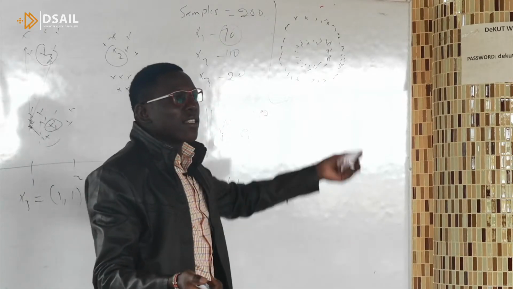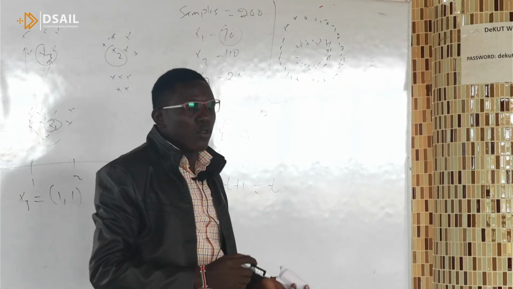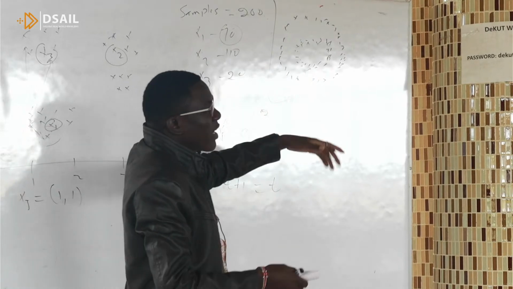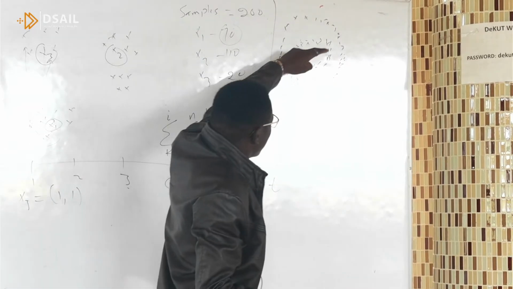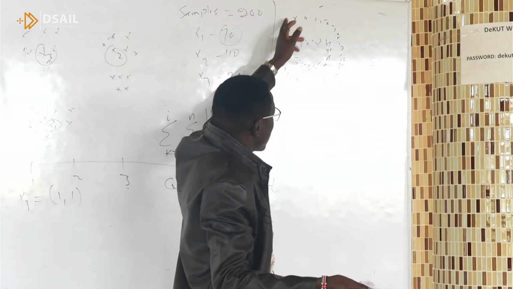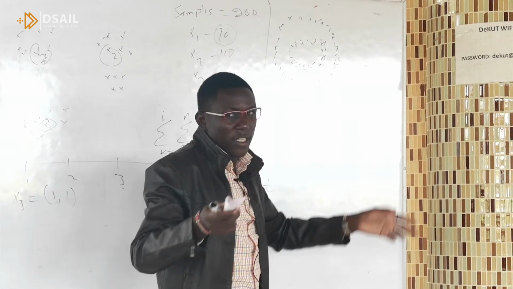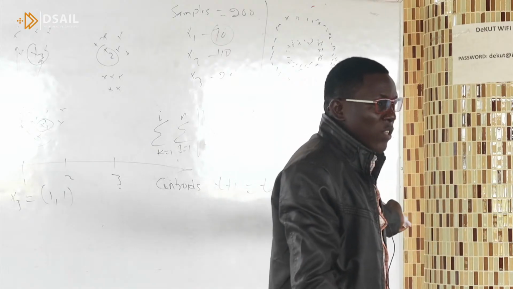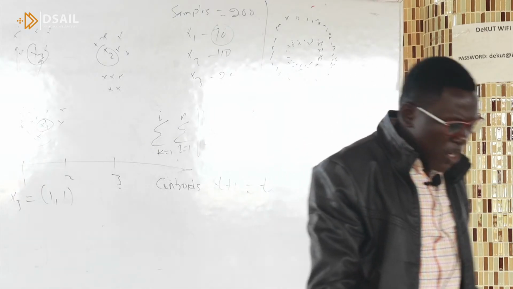For k-means, in this case, it may fail to give you better clusters, because from this we can clearly tell that this particular one may be one cluster, and this one, the outer ring, could be another cluster. K-means may not be able to do that.